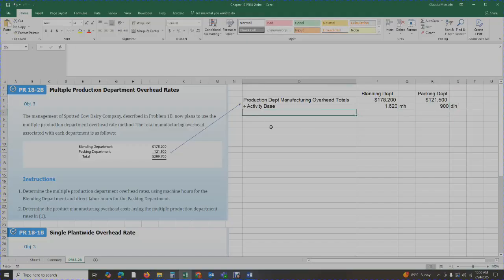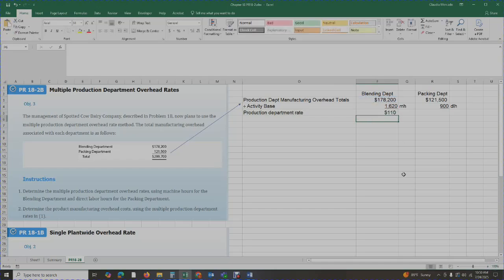Now that we have our production department manufacturing overhead totals and our activity base, we simply divide those two numbers. That gives us our production department rate. We take the total production department manufacturing overhead divided by our activity base.